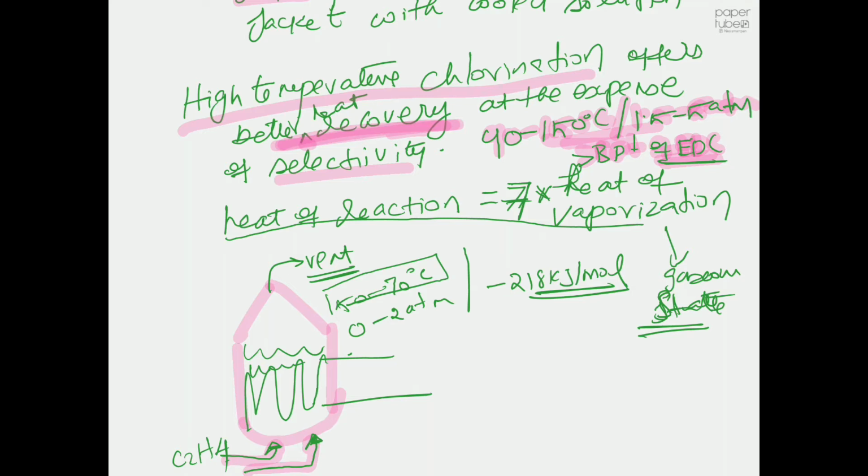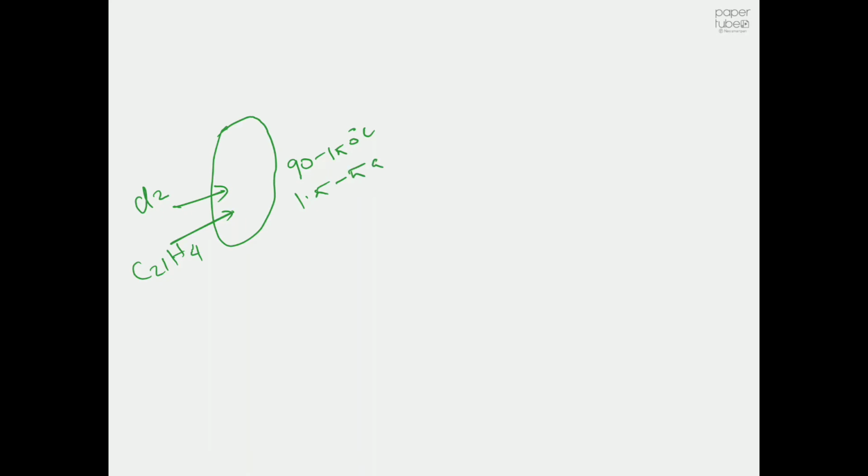So let's see how to perform this high temperature chlorination. Normally in industries, let's say this is your reactor. You have your chlorine, you have your C2H4, and we are performing this at a high temperature, 90 to 150 degrees centigrade, and 1.5 to 5 atmospheres.